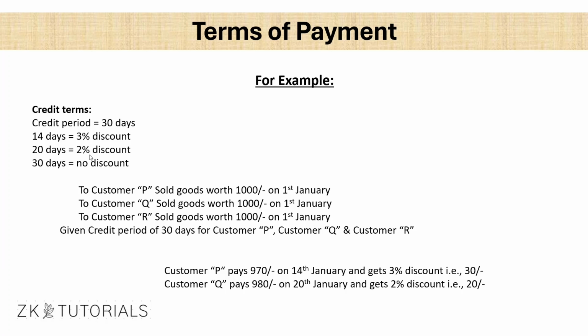So that is the reason, to avail this discount, he pays before the 20th day only. Even if he pays on 20th January also, he gets 2% of the discount, that is 20 rupees. On 1000 rupees, 2% is 20. So he is in gain.